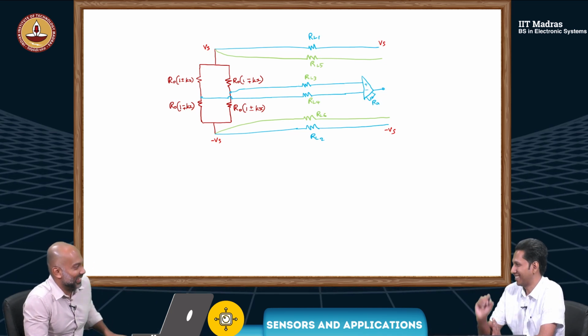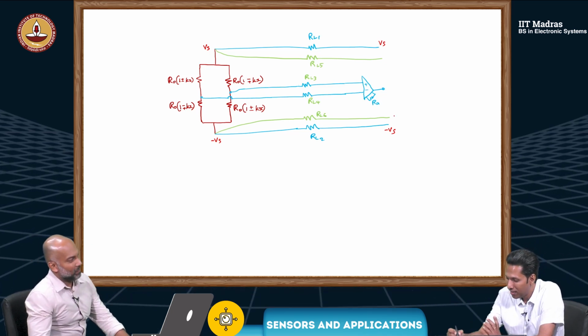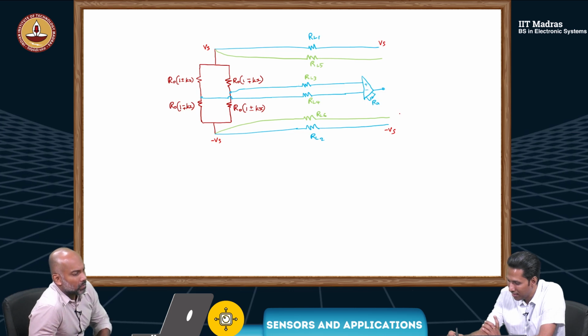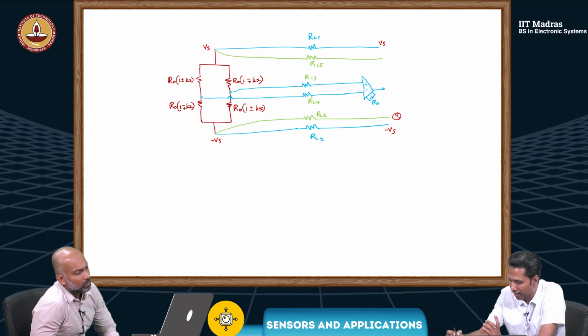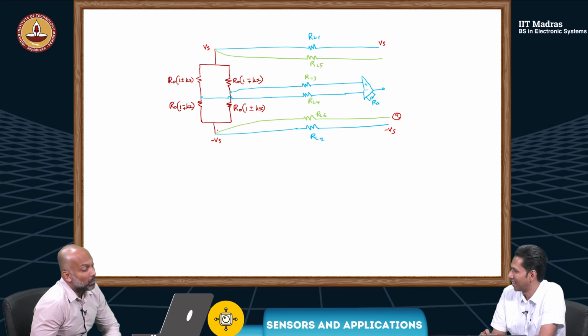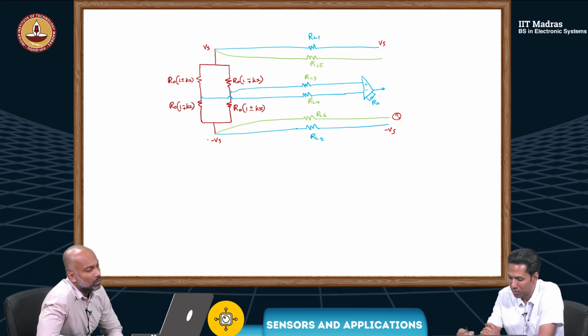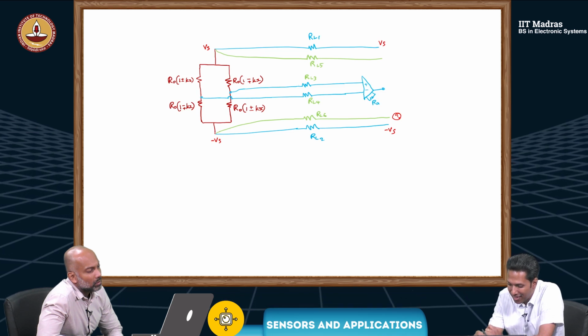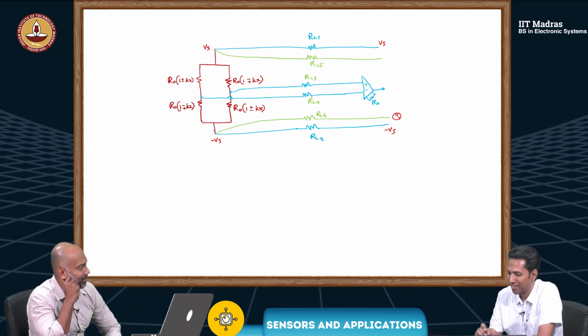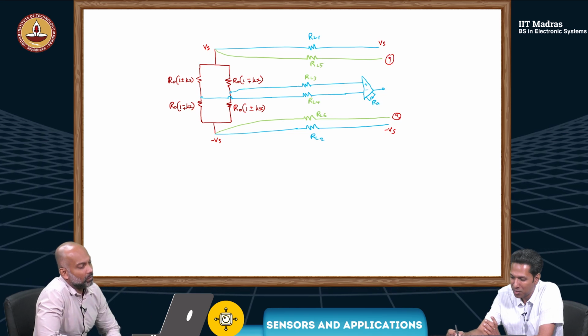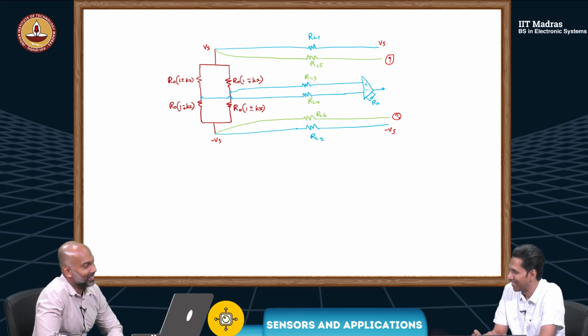This is what we want. Now maybe I can use this to see whether it is really reaching there. I have this green wire now, to see whether I am getting minus Vs here. Same way, I can use this to test.